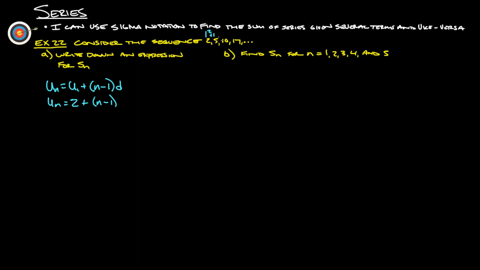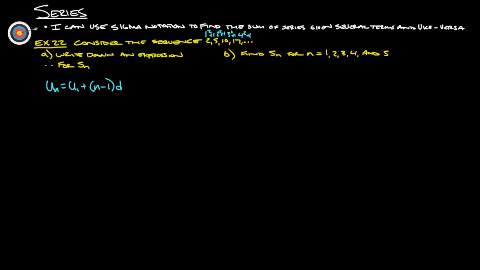If you notice on this one, 2 is 1 squared plus 1, 5 is 2 squared plus 1, 10 is 3 squared plus 1, and 17 is 4 squared plus 1. So really, instead of doing all this, what we're trying to figure out is how do we come up with each term?